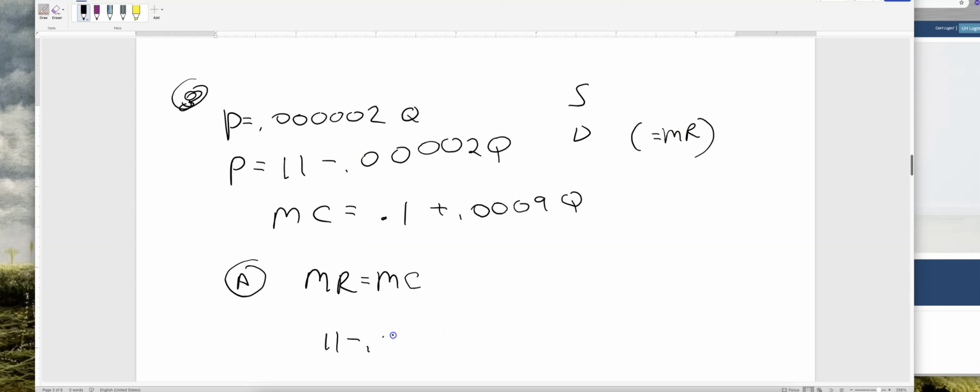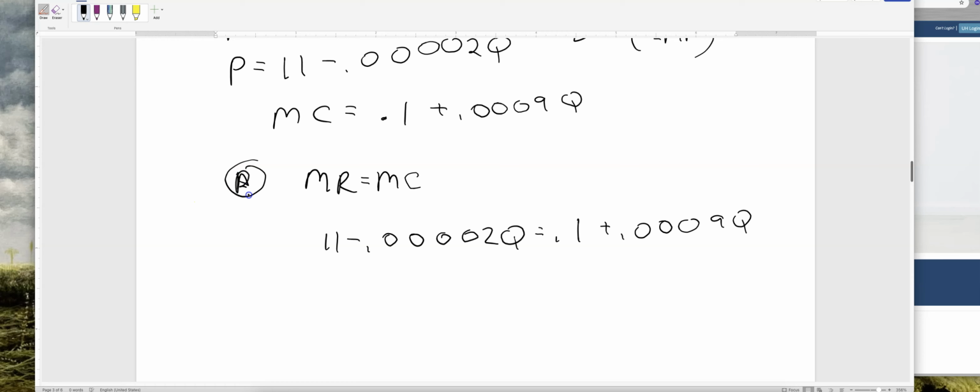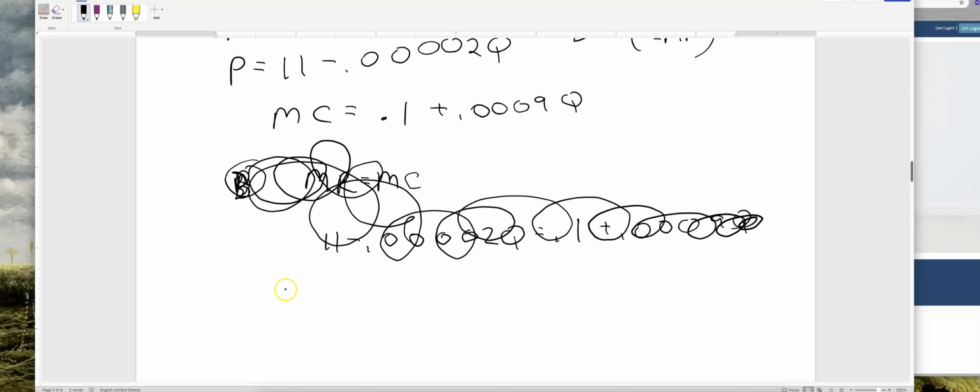So that means I'm going to have 11 minus 0.00002 Q, which is my marginal revenue, equaling 0.1 plus 0.0009 Q. Sorry, this is B, not A. I'm actually solving B for some reason first. I'm confusing the two parts here. Let me do this again.